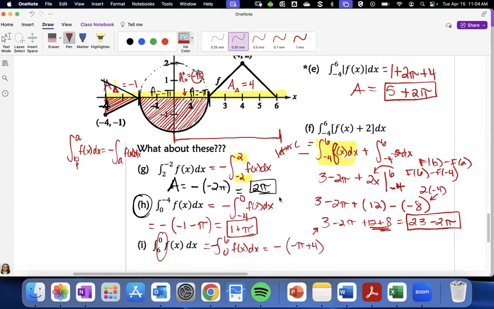Okay, I got the opposite of negative pi plus 4, which is pi minus 4. Okay.